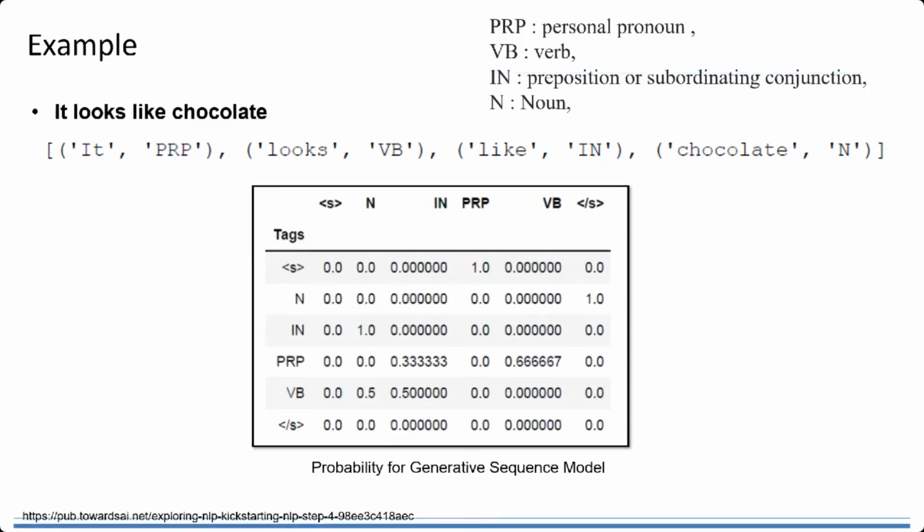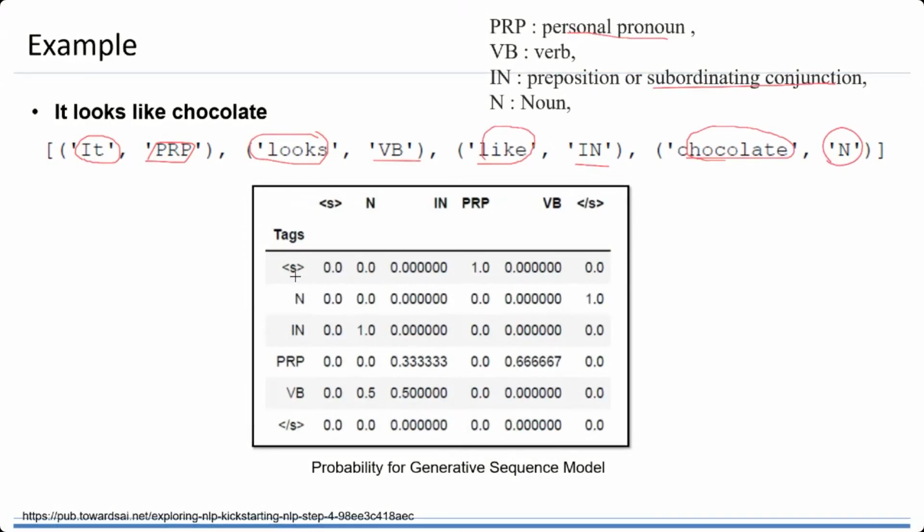So this is an example: it looks like chocolate. It is PRP, personal pronoun. Looks is VB, or verb. Like is preposition or subordinating conjunction. And chocolate is noun.